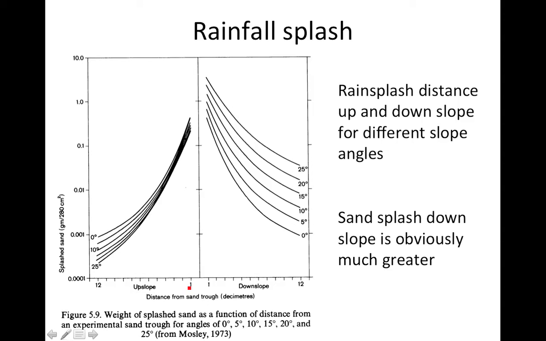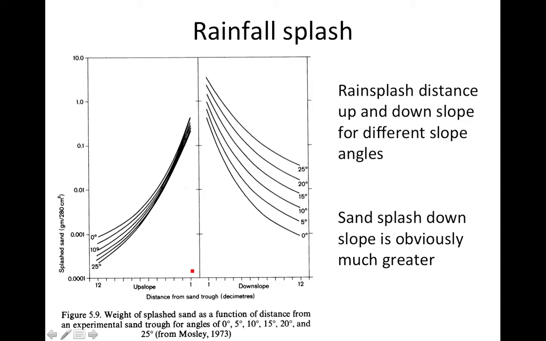This is an experiment by Moseley where they looked at measuring how much soil particles were deposited upslope and downslope of an impact crater with varying slopes. So they had slopes completely flat, 0 degrees, 5, 10, 15 and 20 degree slopes. And that's what's shown on these lines here.